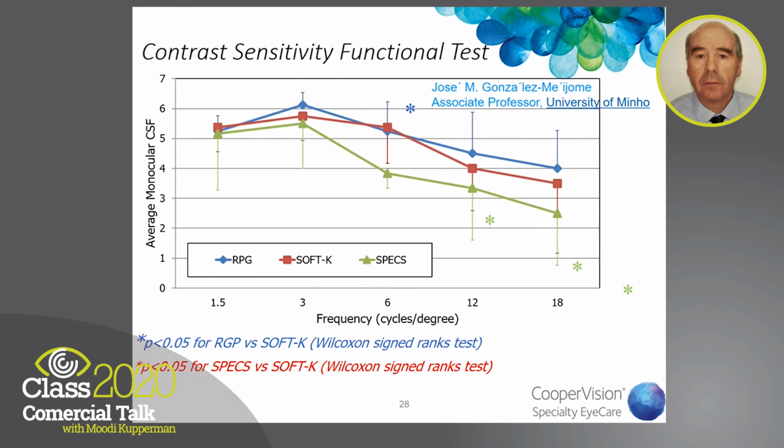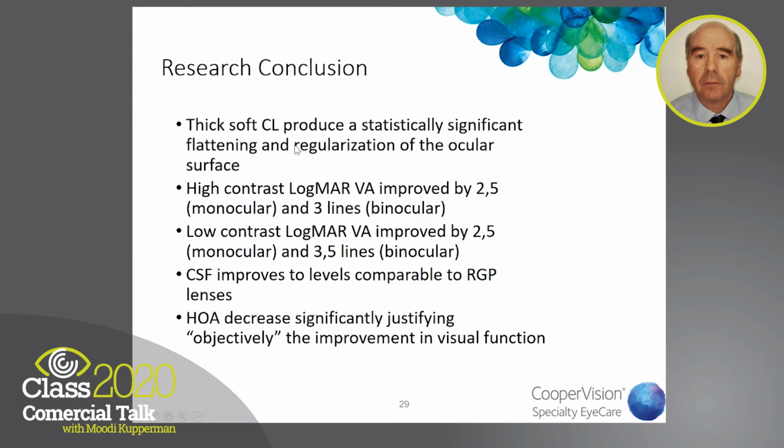Soft lenses for irregular cornea. So the conclusion was that soft contact lenses produce satisfactorily a significant flattening and regularization of the ocular surface. High contrast logMAR visual acuity improved by 2.5 lines monocular, and by 3 lines binocular.